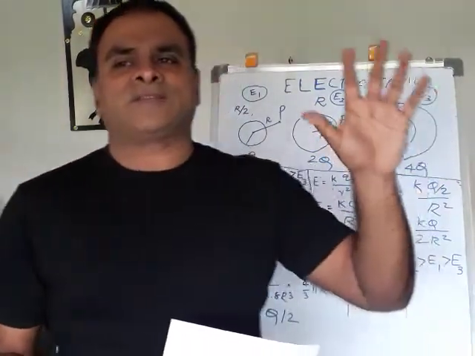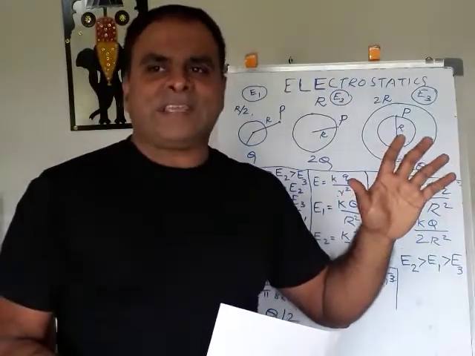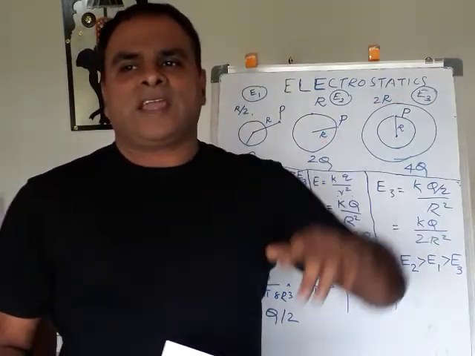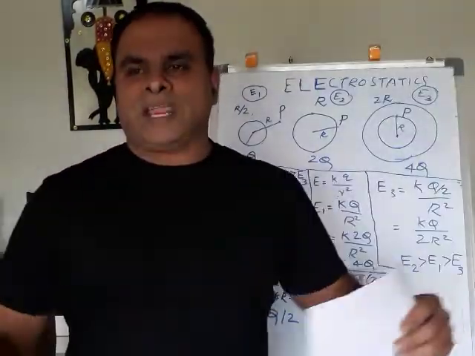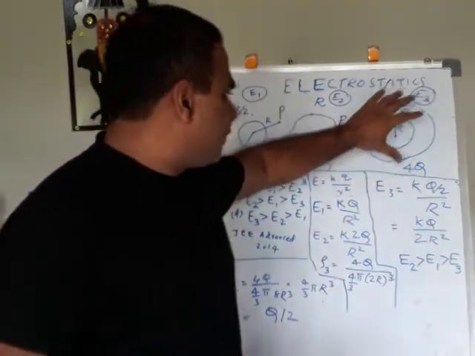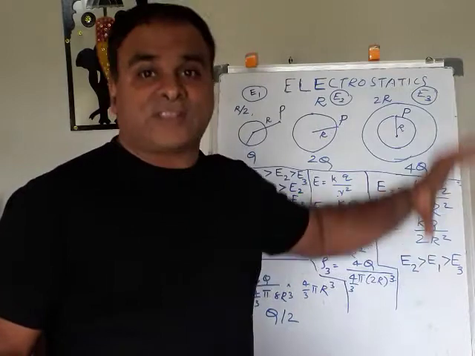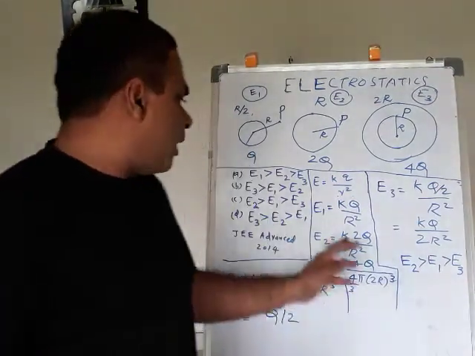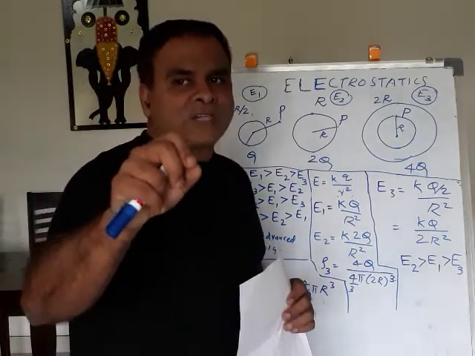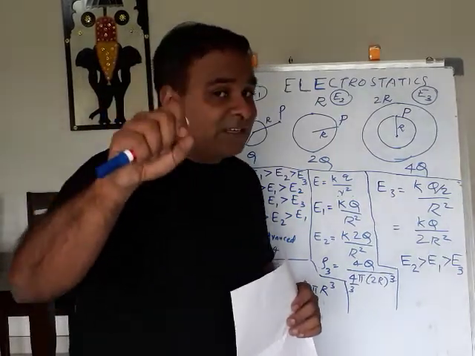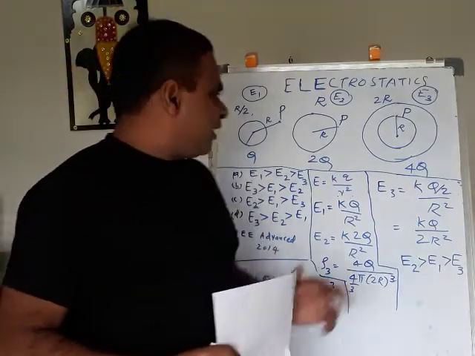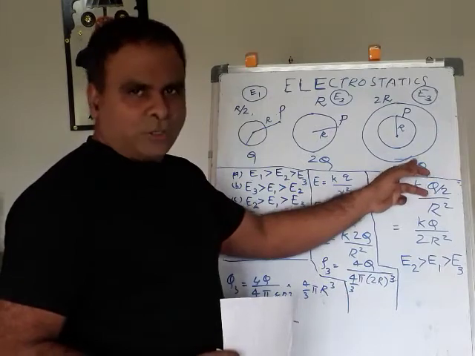There are three quantities. One is linear charge density, next is surface charge density if it is a plain sheet. If it is a solid shape, we use volume charge density. Here it is a solid shape, a sphere, so we will use volume charge density. You know the formula: volume charge density is equal to charge by volume, right? Here the charge is 4Q.